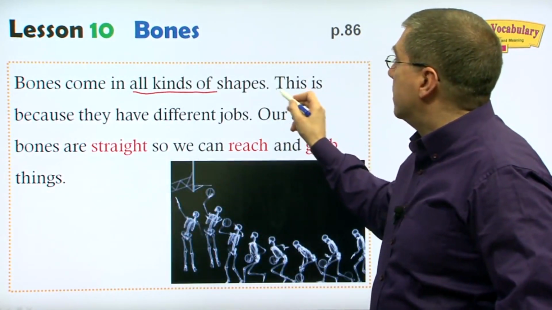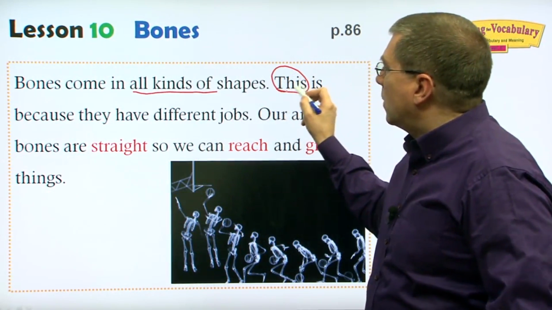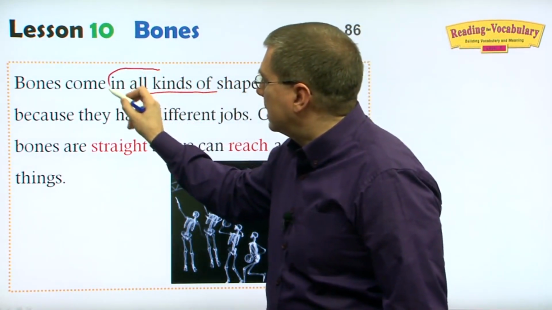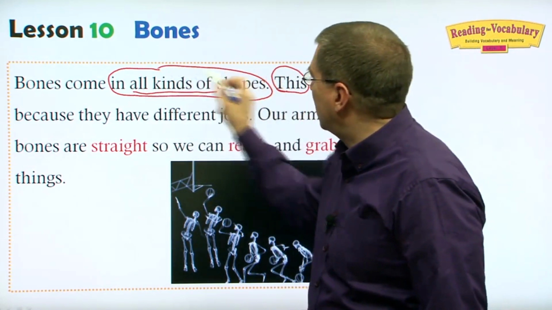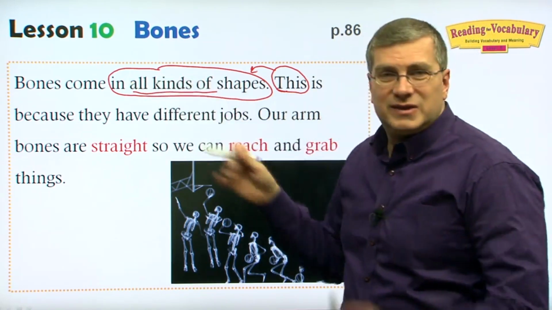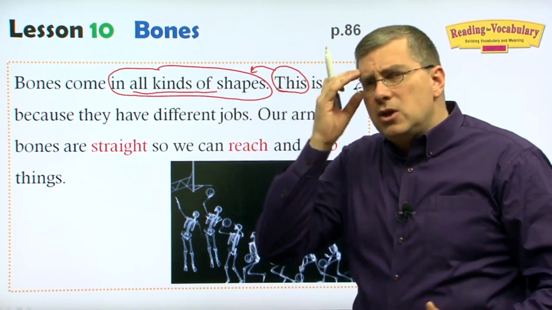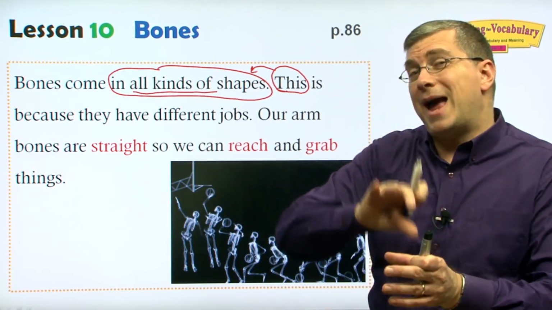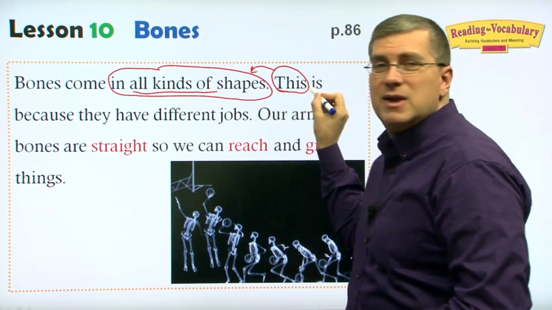This is this. Good. What does this refer back to? The fact that they come in all kinds of shapes. That's what this refers back to. When you have an idea and you write that idea, then you want to refer back to that idea, use this.